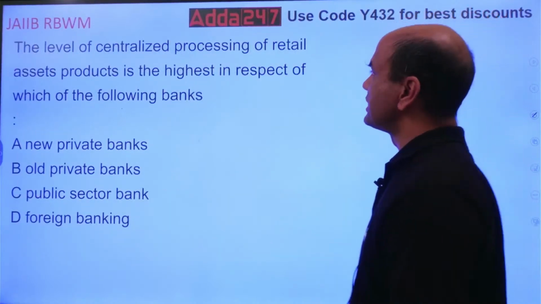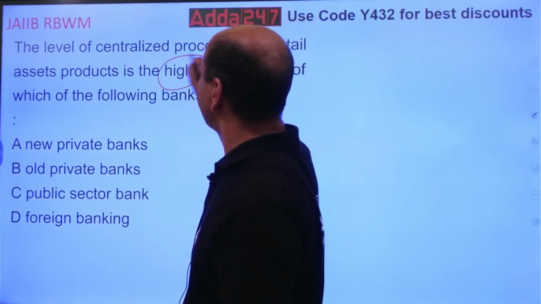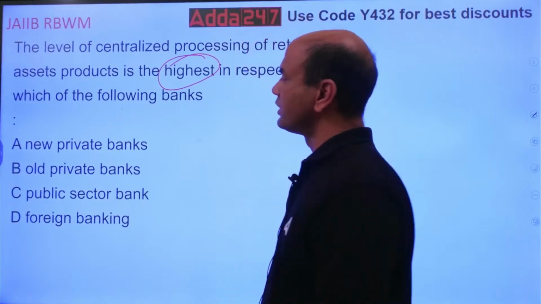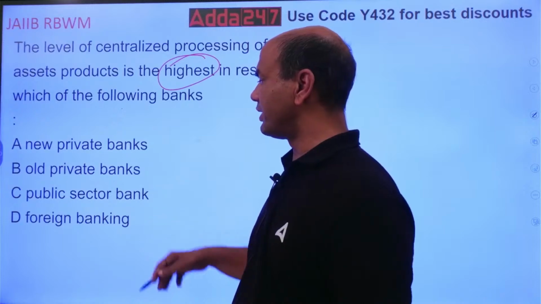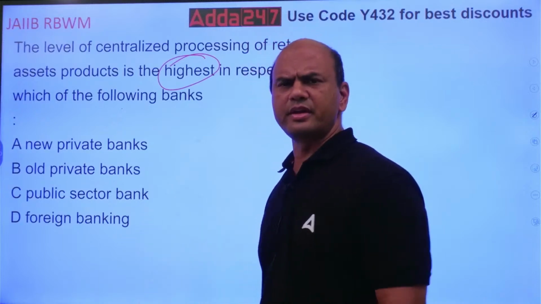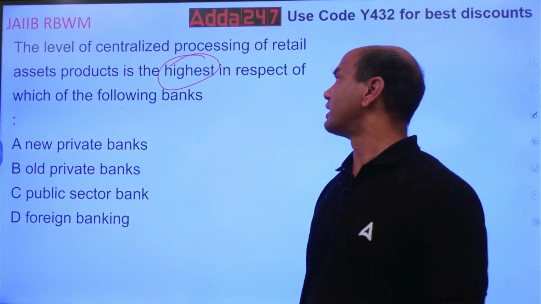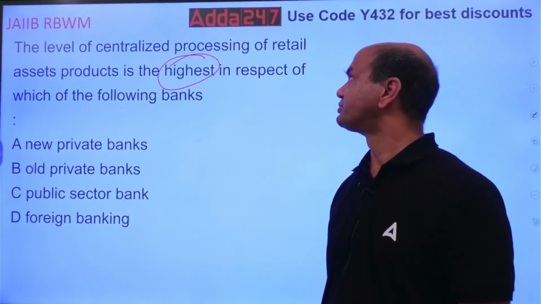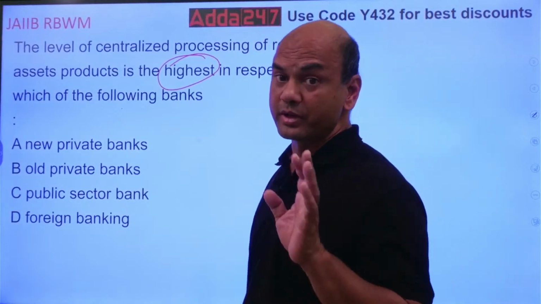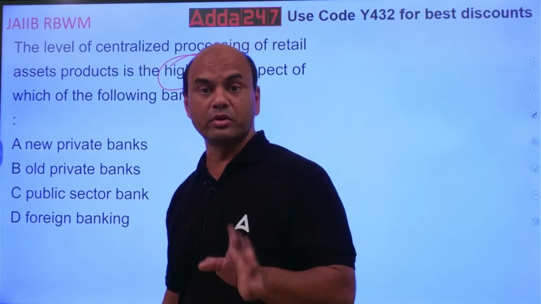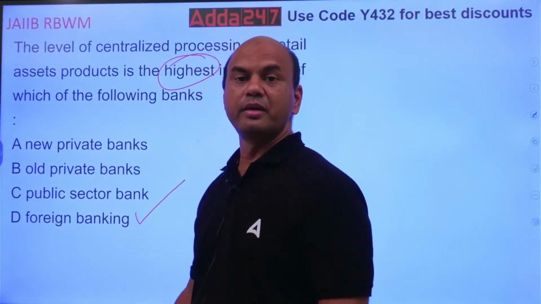The level of centralized processing of retail assets is highest in respect of which of the following banks? Highest. New private, old private, public sector, foreign. CPU model, centralized processing unit, is highest in which? As per your book, again, as per your book, foreign bank.